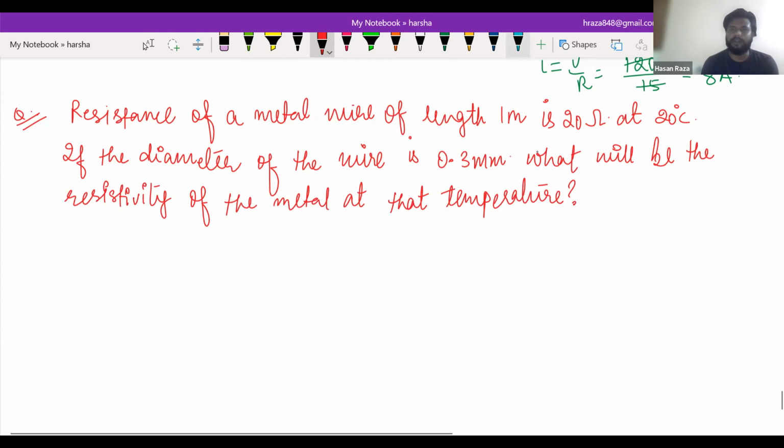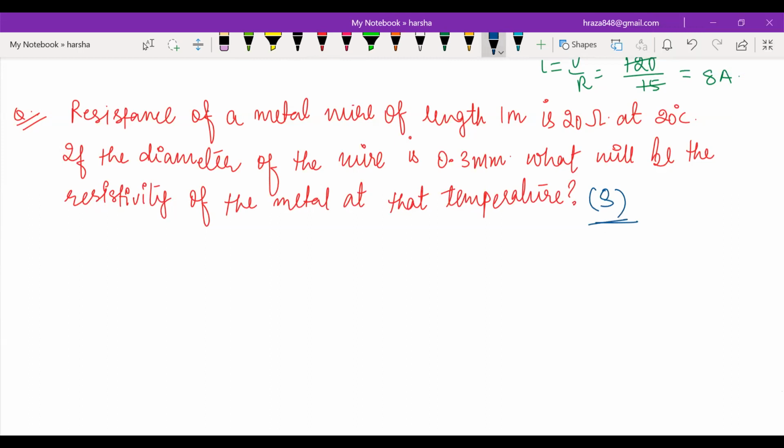We need to calculate resistivity, that means rho, specific resistance, also known as resistivity. This is 26 ohm. Just write it, not 20, make it 26 ohm.